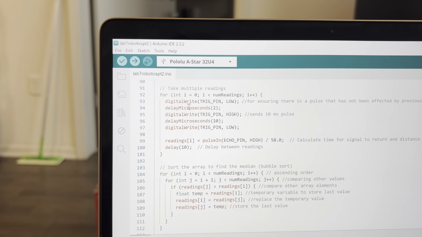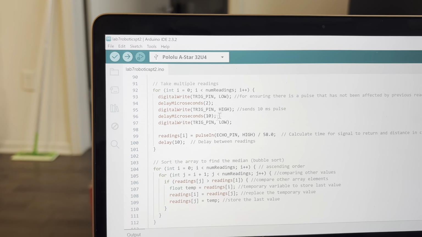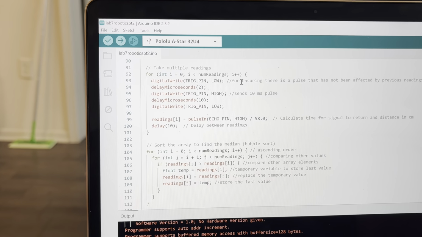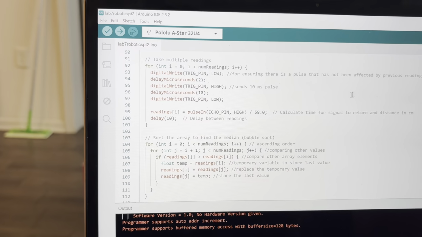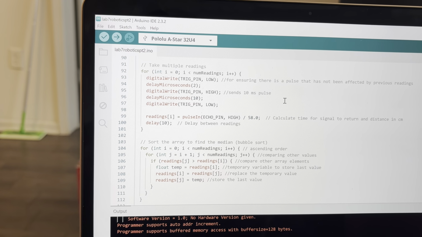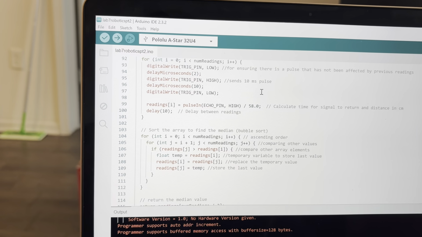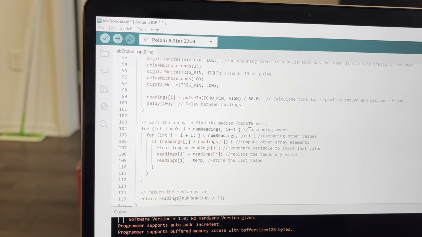Over here I have my digital write for my trigger pin and my echo pin. This is to ensure that there's a fresh pulse that hasn't been affected by anything. Then the high sends the pulse, which is actually supposed to be a 10 microsecond pulse.